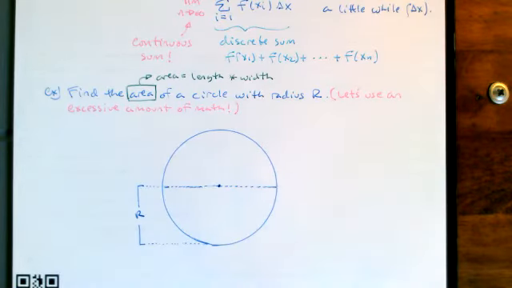So what we're going to do is the only area that we have is length times width. It's multiplication. The problem that we come into is that one of these, length or the width, is going to be variable as we go around the circle.